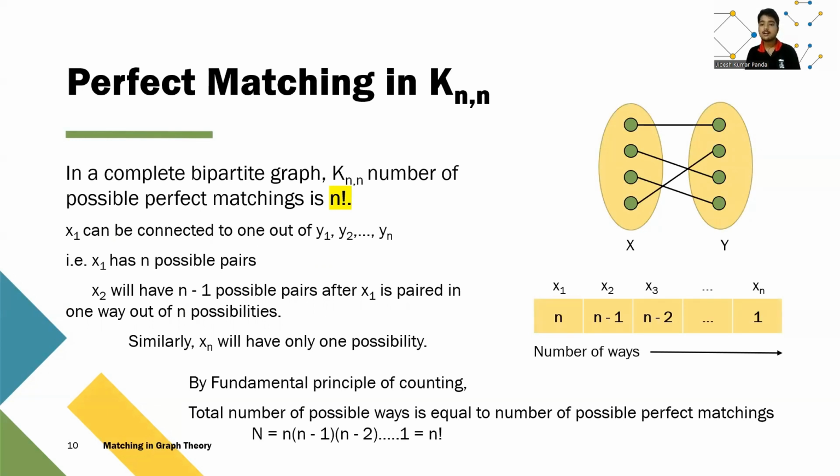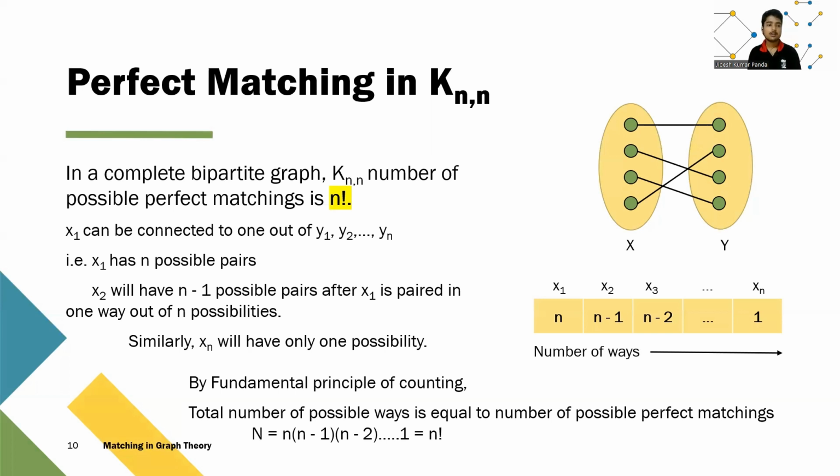Means we cannot connect a vertex x1 belonging to X with another vertex x2 belonging to that same partite set X. So if the number of vertices in X and Y are not the same, then we cannot form a perfect matching. Why? Because the greater cardinality set will have some vertex left unsaturated.